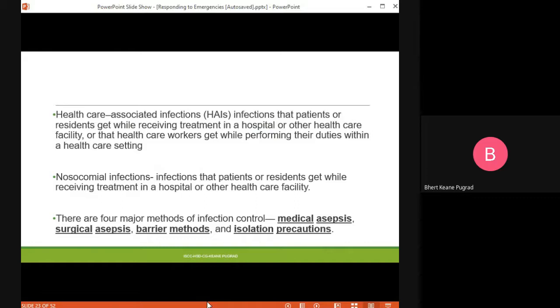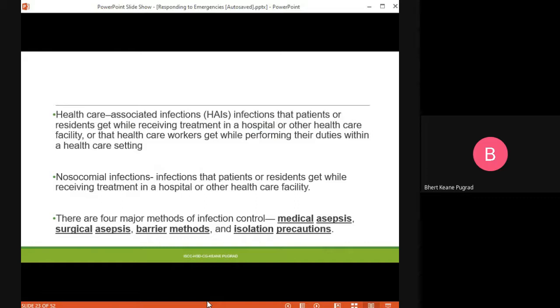Other term for your healthcare associated infection could be a nosocomial infection. Okay? So usually nosocomial infections are highly preventable, no?